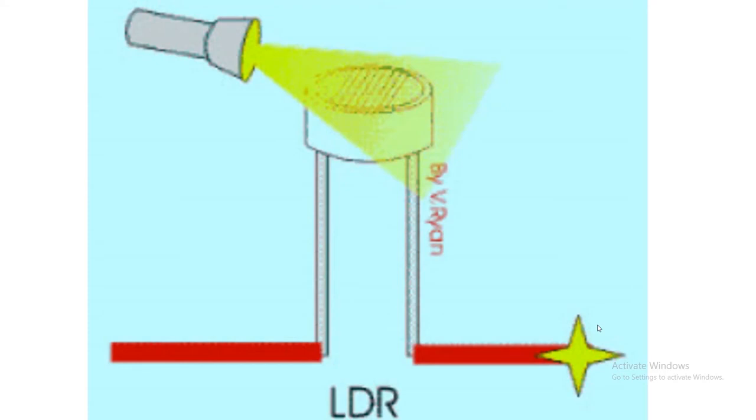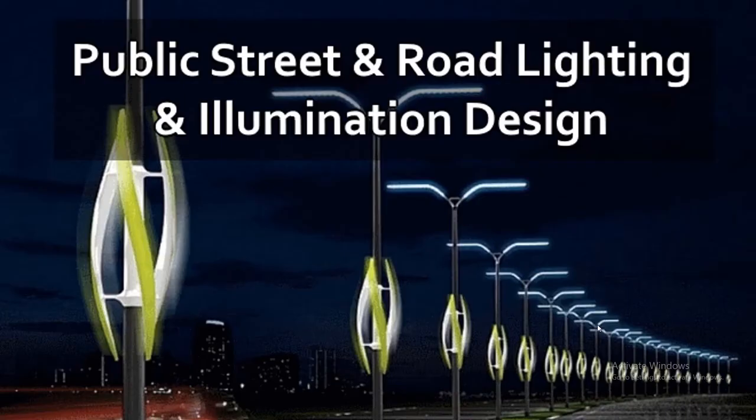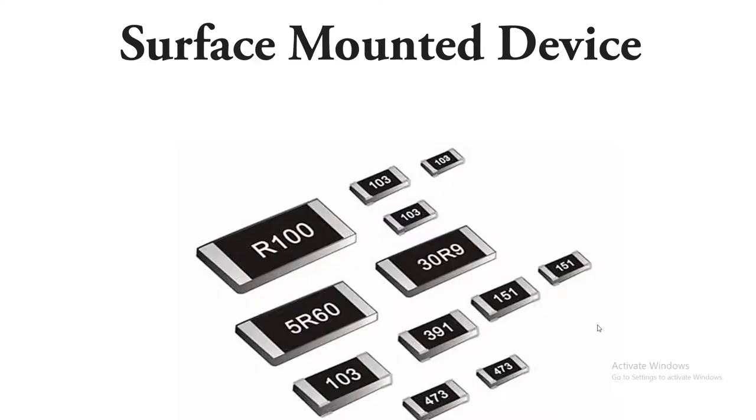When light does not fall on the surface of this resistor, the resistance becomes high. We are using this resistor in an auto night light controlling circuit. Maybe you saw on the road at night time the light automatically glows. This is due to the LDR resistor.